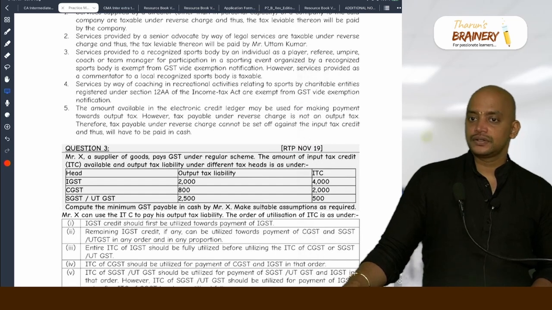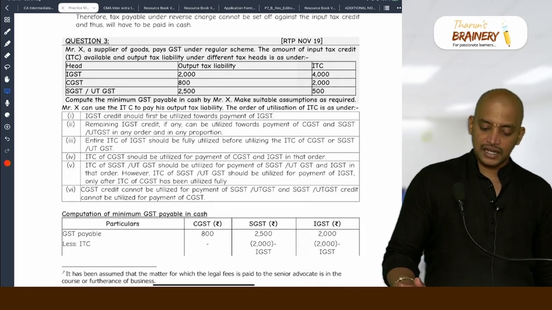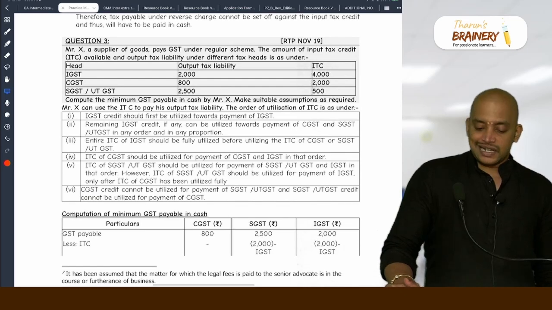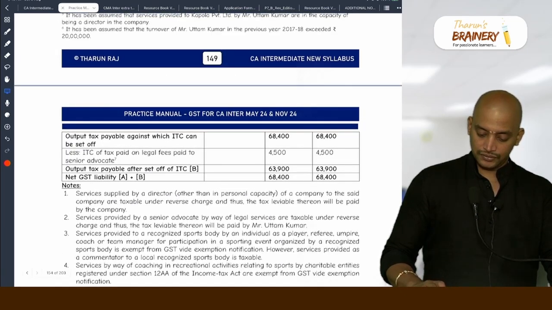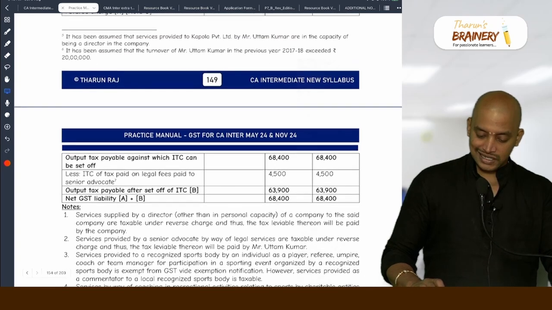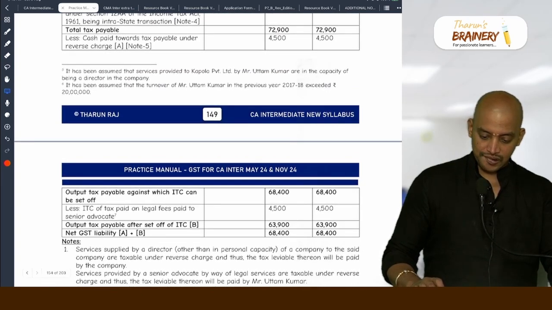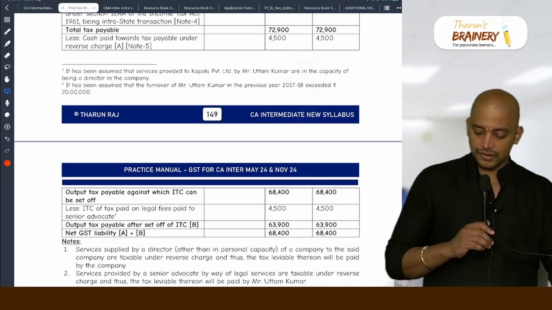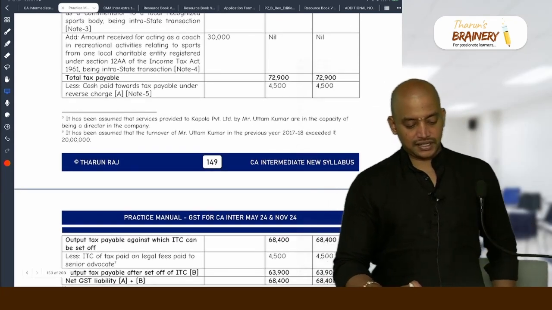You understood? Okay. Look into question number 3. Mr. X, a supplier of goods, net GST liability, there is a mistake, no? Actually, wait.